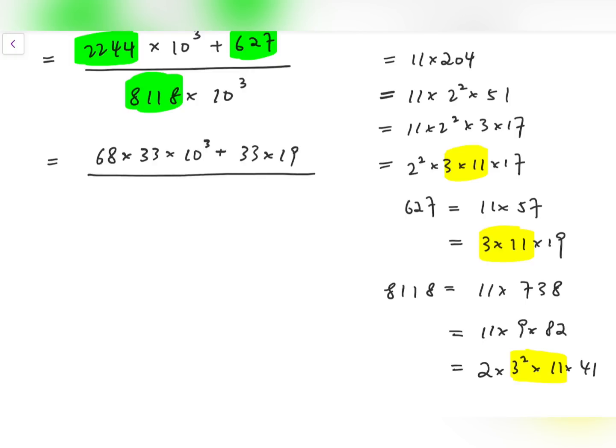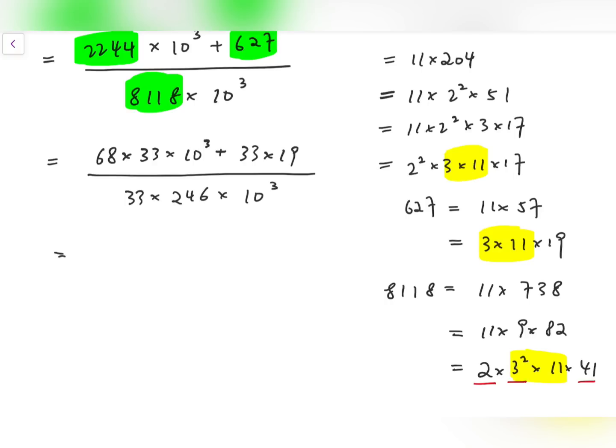While for the bottom part, we have 33 times, what remains is one of the 3's here, and then 41. So it's 2 times 3 times 41. And that's 246 times 1,000. Or for consistency, I'm going to write that as 10 cubed.